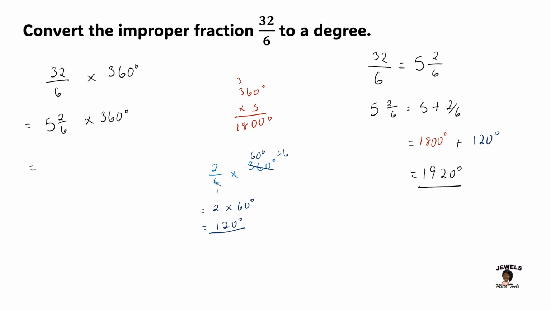So now that I've converted my improper fraction 32/6 into a mixed fraction, which is 5 and 2/6, and then multiplied that to 360 degrees, I found that my degrees is 1920 degrees. Well, I hope this was very easy and helpful for you to follow.